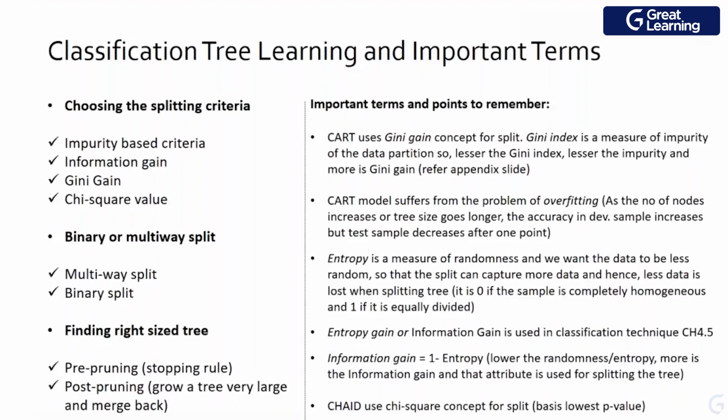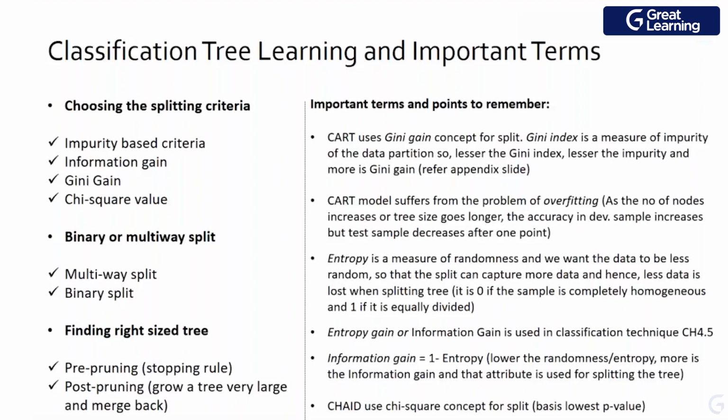Then we talked about how the CART model usually suffers from the problem of overfitting, right? What overfitting means is that as the number of nodes increases, or whenever your tree size gets longer, the accuracy in your development sample increases. I'm sure most of you will be aware of the development sample and test sample. The development sample is the one where you actually train your model, and the test sample is the one where you test to see how well the model holds on an unseen sample.